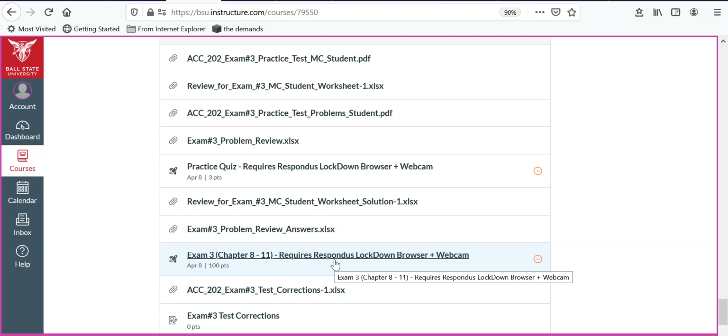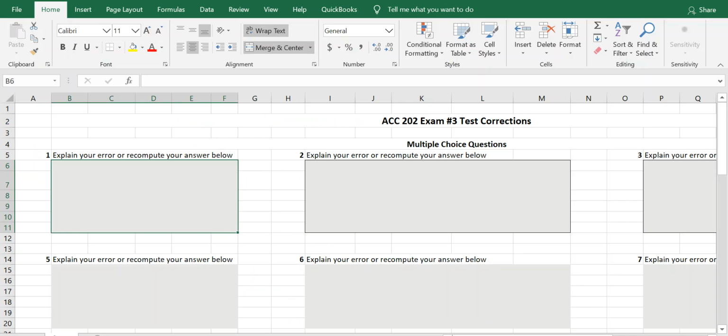What you will be able to do is to go into your exam results, look at the questions you got wrong, and then calculate a response or a correction for those. So here is the Excel workbook that you will submit. It has each of the questions numbered 1 through 20 here, and a box underneath each one where you can type in a response.